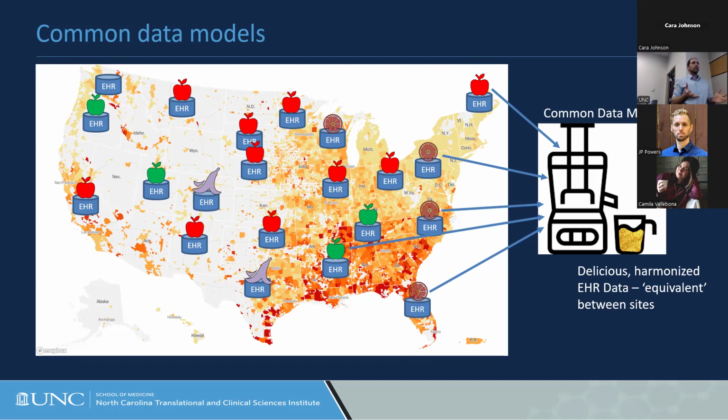And oftentimes this is the case, especially for sophisticated sites that have a lot of informatics experience and EHR data experience. This is what you get. You're able to get really very uniform data out, agnostic of all of these differences.